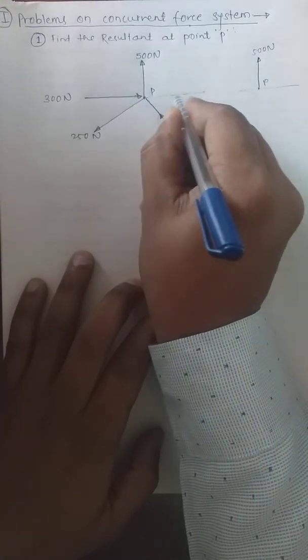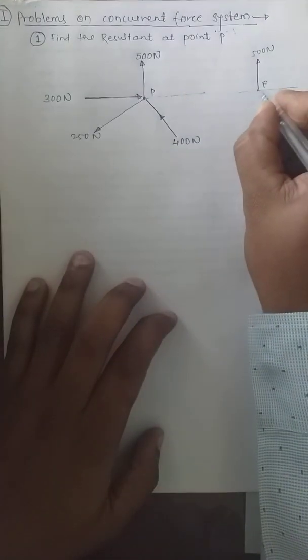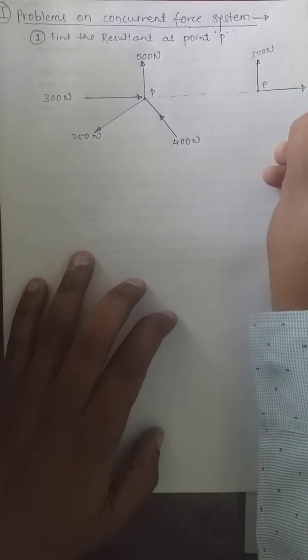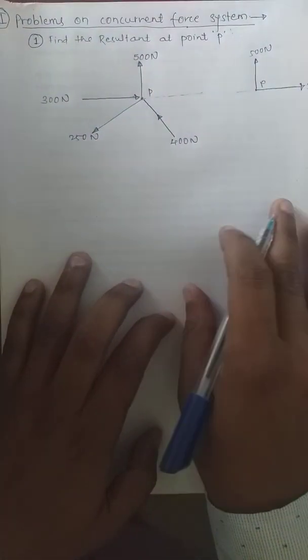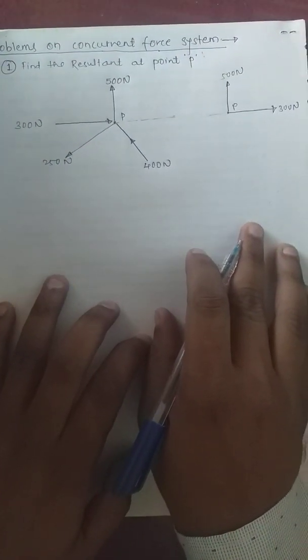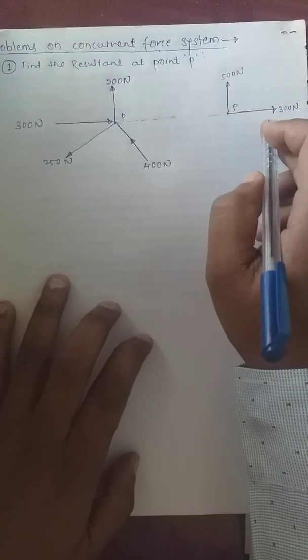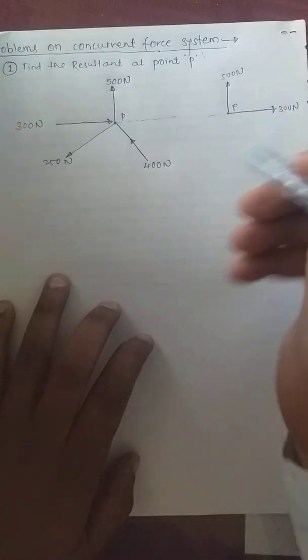So this is the line of action of 300 Newton, so we can shift it likewise. So this will be 300 Newton.